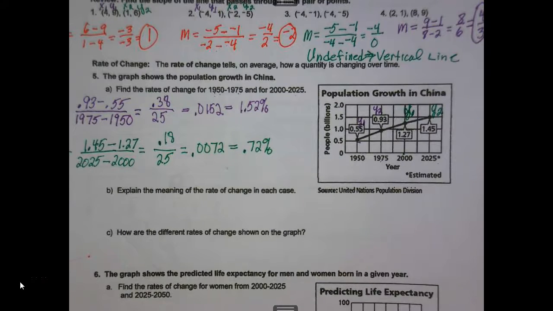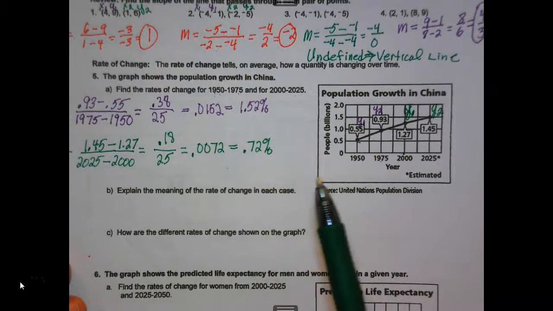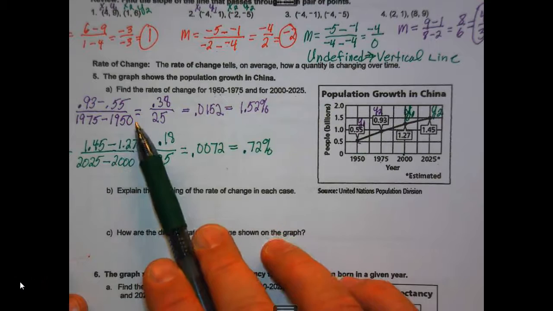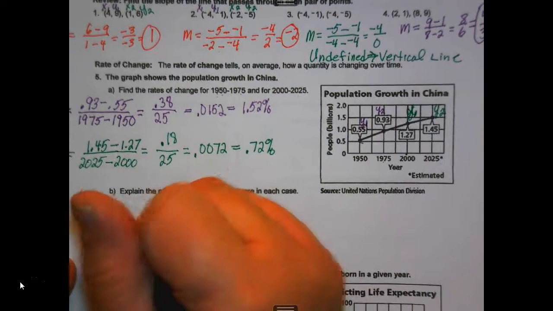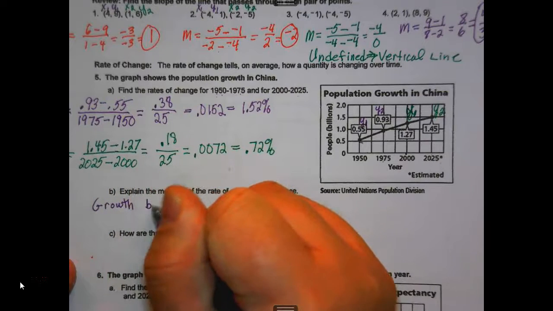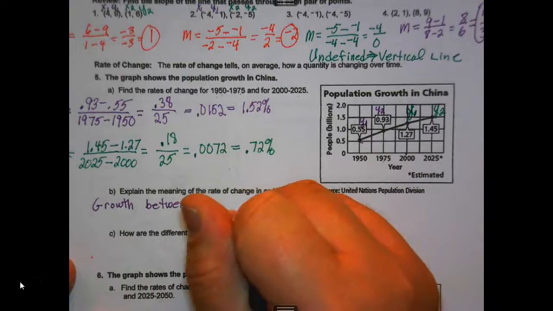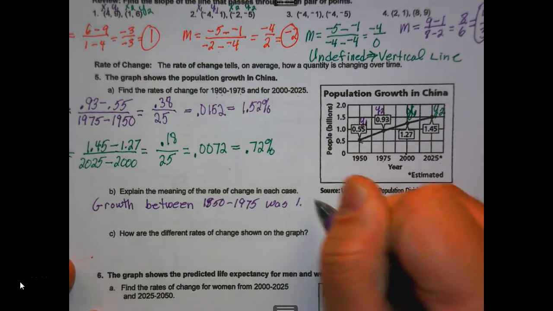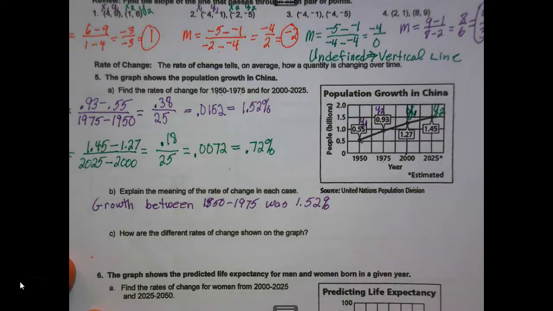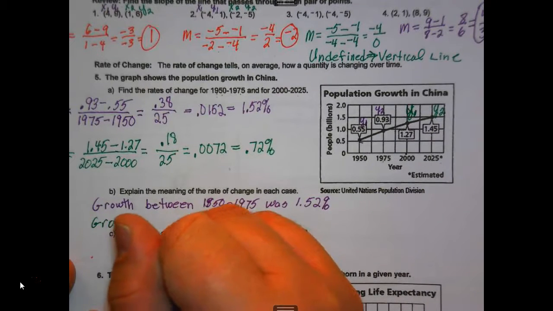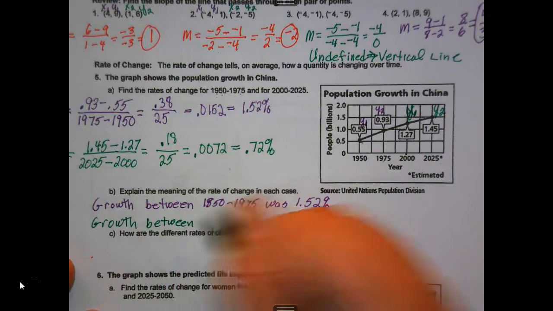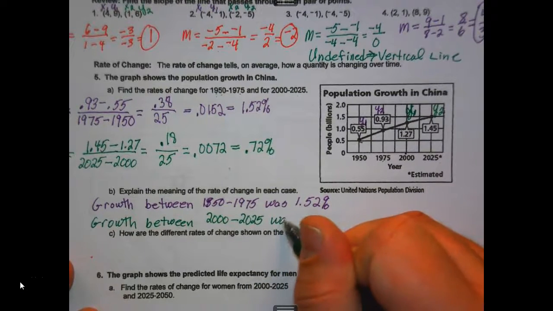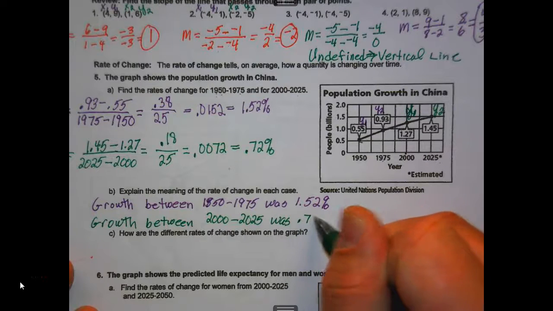Explaining the meaning of the rate of change in each case. Well, let's see, in each case, we're going to explain that the growth between 1950 to 1975 was 1.52%, and the growth between 2000 and 2025 was 0.72%.